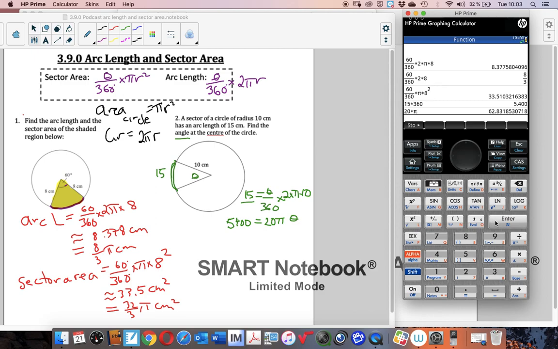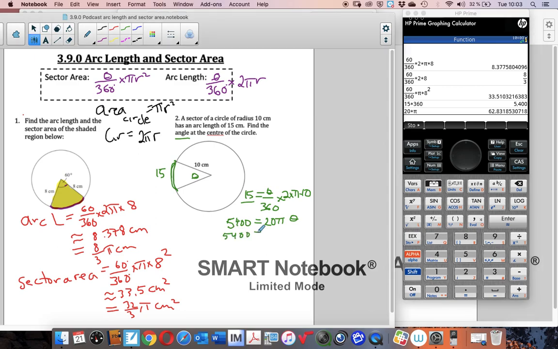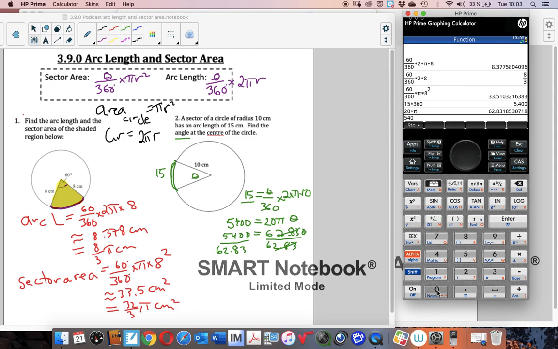So this is like 62.83, and we want theta, so we're going to divide by this value. Keep the whole thing in your calculator. It'll prevent you from being a little bit off due to rounding.